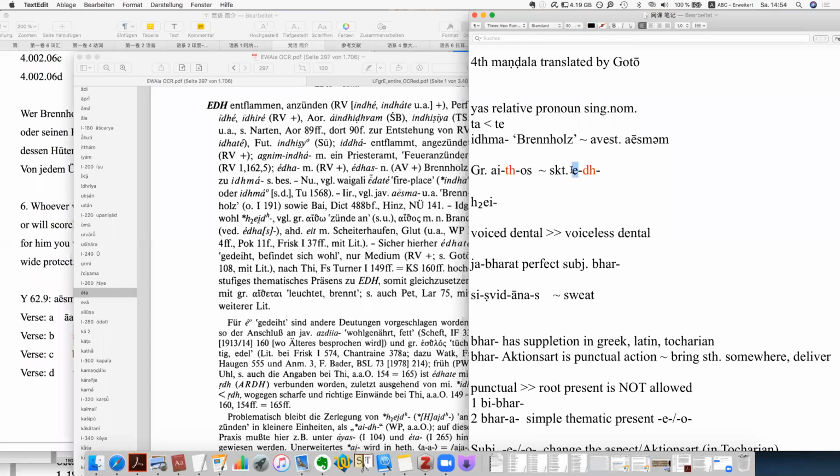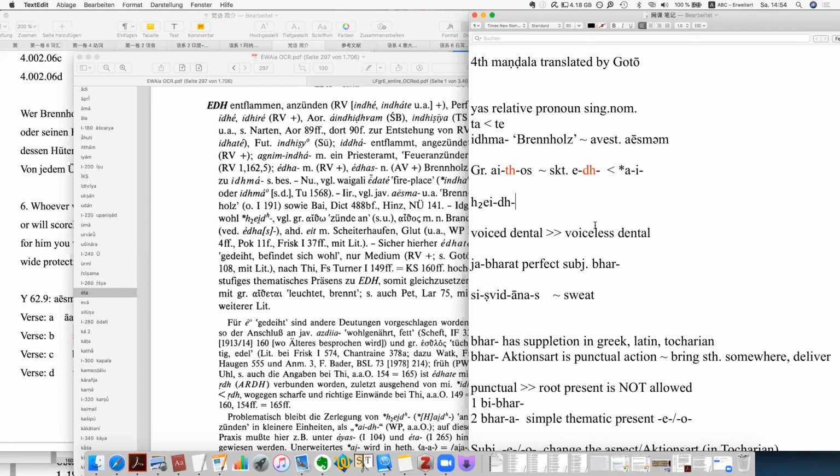And Sanskrit ē goes back to ai, yeah, Sanskrit ē goes back to ai, that is, r plus e. So this is the reason why we have the root as such. Okay, so this is for this part.